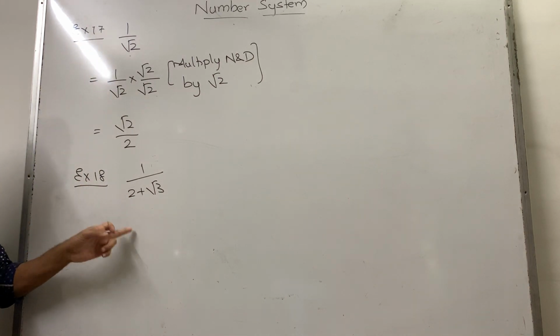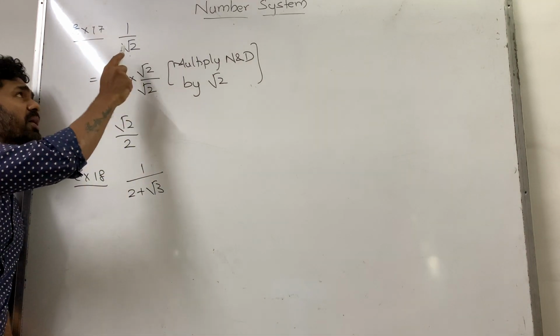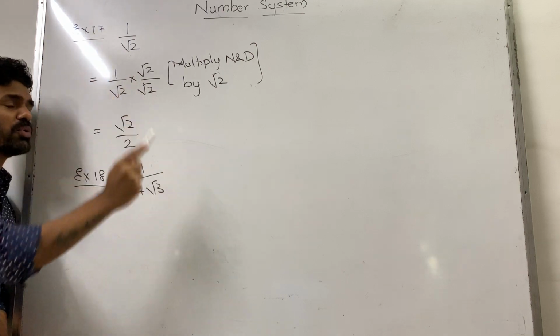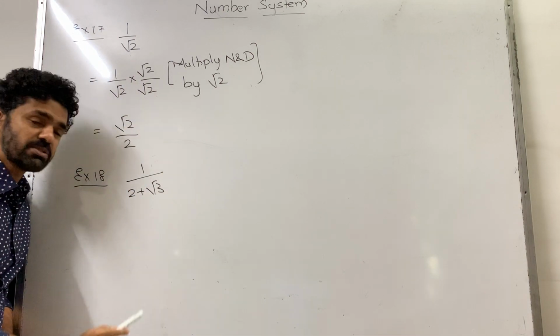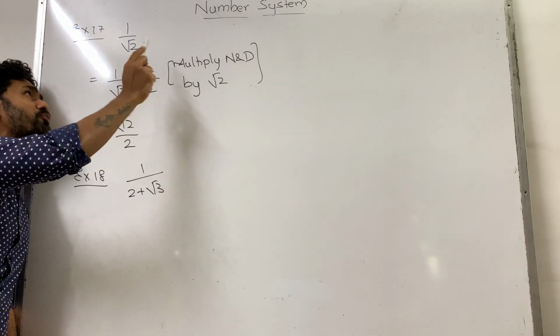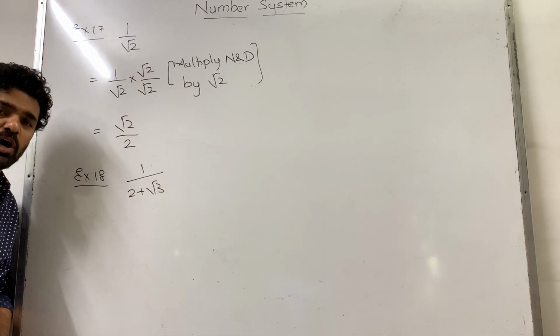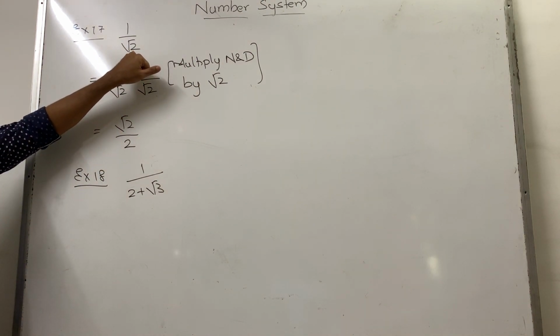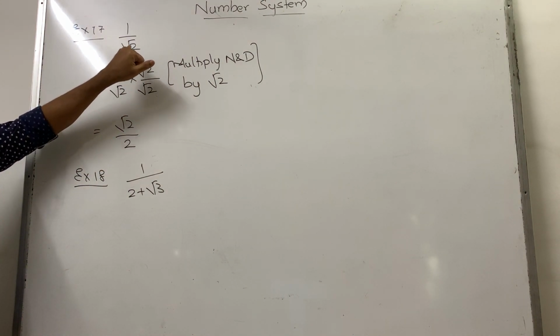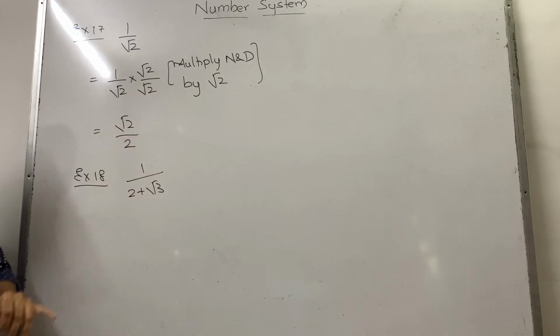So similar question, the only difference over here is the denominator had only one term. Here the denominator is of the form a plus b. If you have only one term in the denominator, always remember you multiply with that same irrational term. We had root 2, so we multiplied it with root 2.